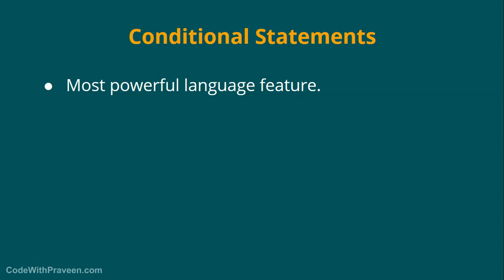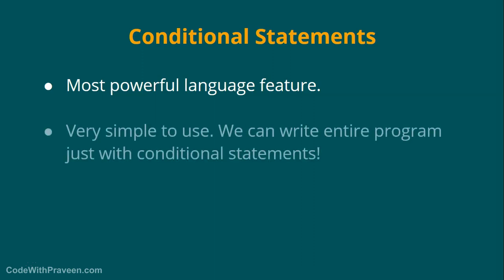The reason being, you can write even an entire function using only these conditional statements because they are very simple to use. I have seen many code snippets and even entire functions written only using these if conditions. So when you start working in a company, don't be surprised when you see various sets of code written only using these if statements. It is possible to write even complex programs using just these conditional statements.